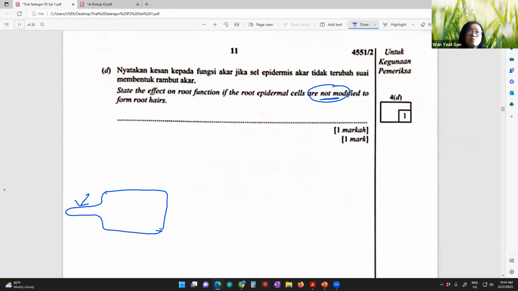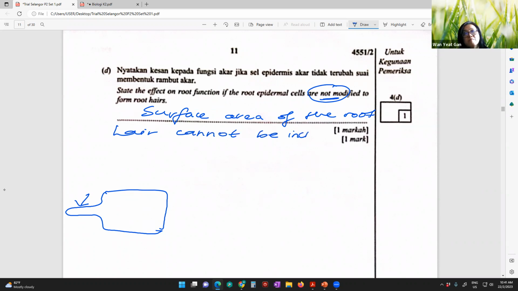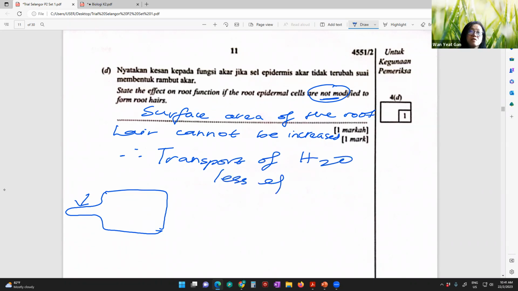But since the question asks what happens if it's not modified, the surface area of the root hair cannot be increased. Therefore, transport of water becomes less efficient. Okay.